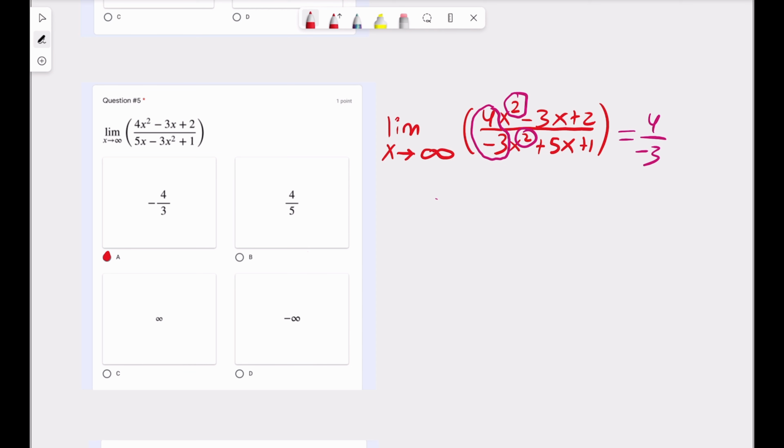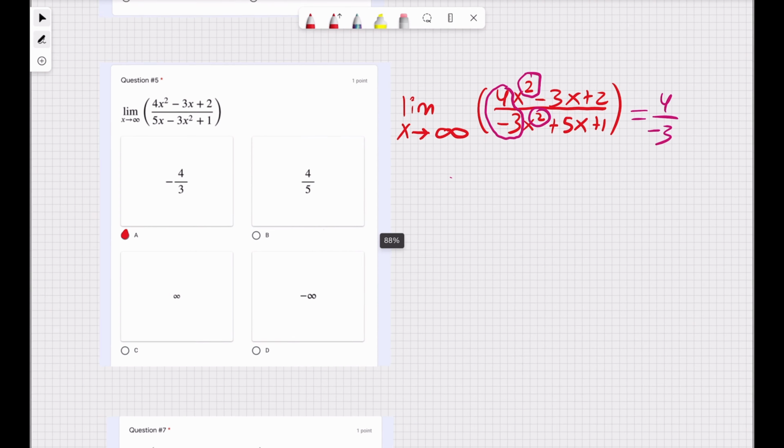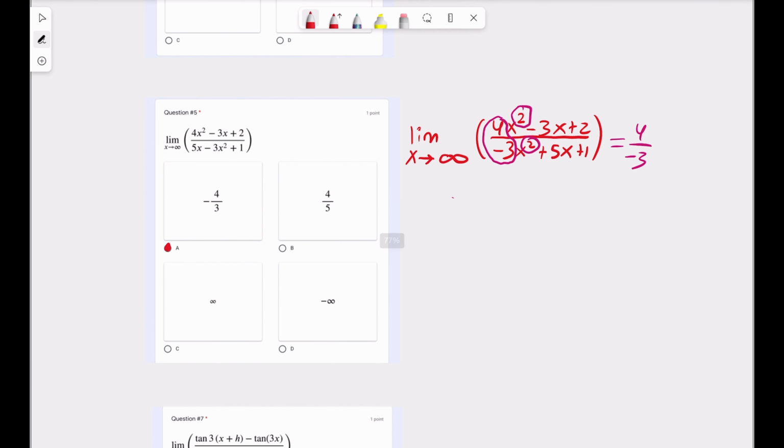It just depends on the function itself. But for this case, we have the same highest degree in the numerator and denominator. And what happens if the highest degree in the numerator is less than the highest degree in the denominator? That would be 0. The limit would be 0. So just things you gotta remember.